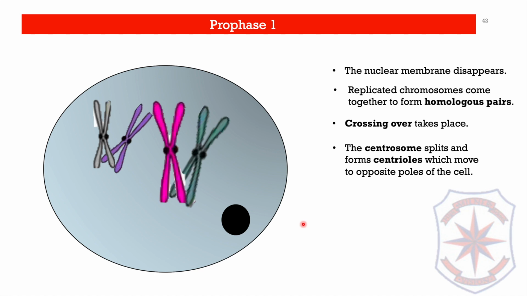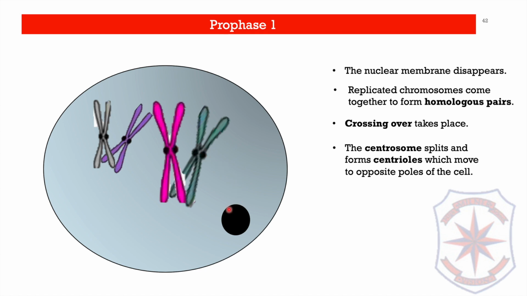Now we have 3 words here that sound alike and that confuses many learners. Centromere, remember, is at the center of the chromosomes. It is holding the 2 chromatids together.